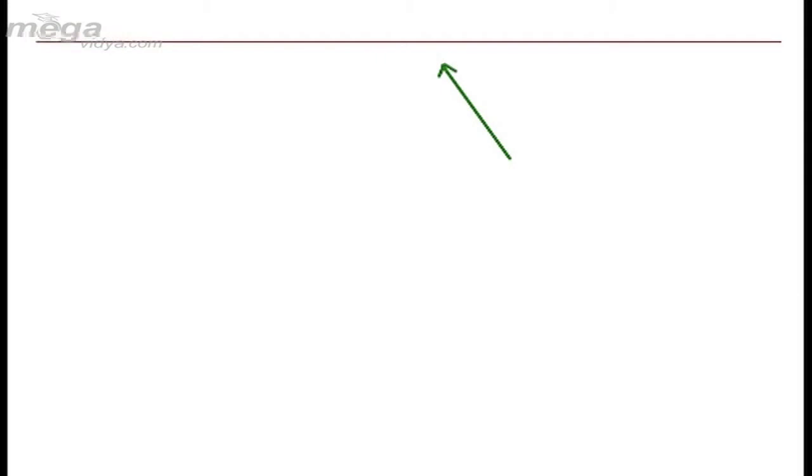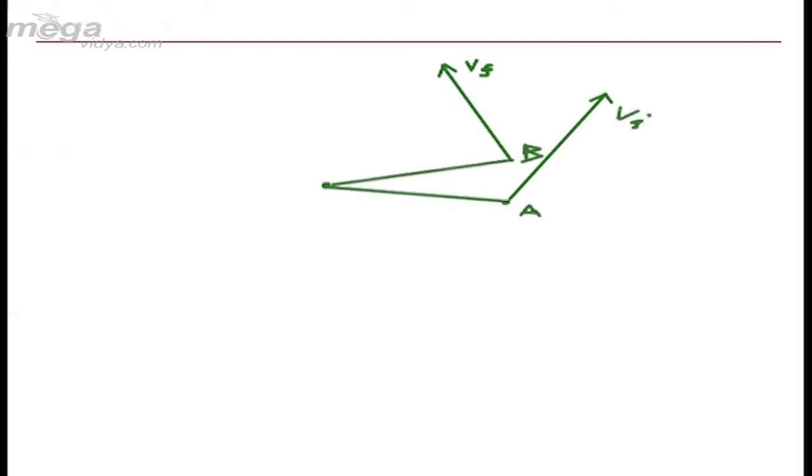V final is somewhere in this direction and V initial is directed somewhere in this direction, as we have to subtract this V initial from V final.